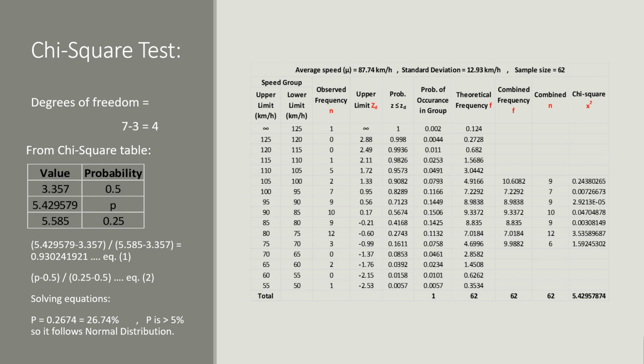So we did the calculation shown here to find the probability. After solving the equations, we found the probability is 26.74%. So our data follows a normal distribution because the probability is greater than 5%.